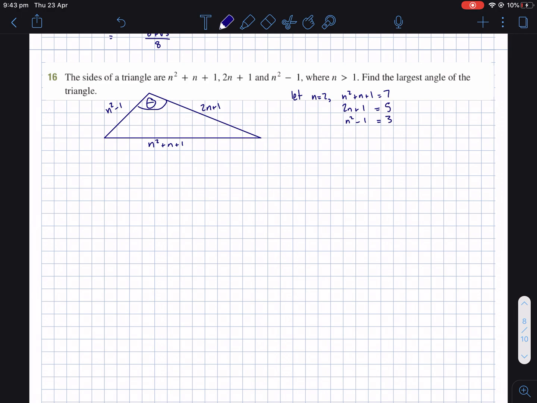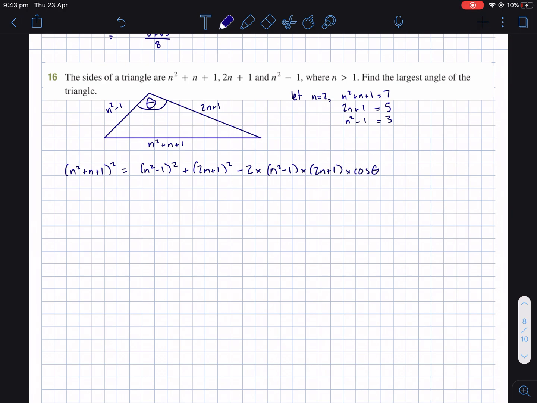So I'll have n squared plus n plus 1 squared equals n squared take 1 squared plus 2n plus 1 squared take 2 times n squared take 1 times 2n plus 1 times cos theta.